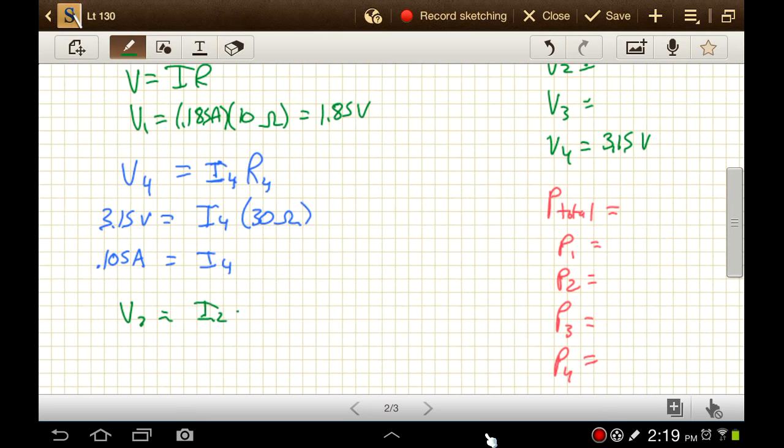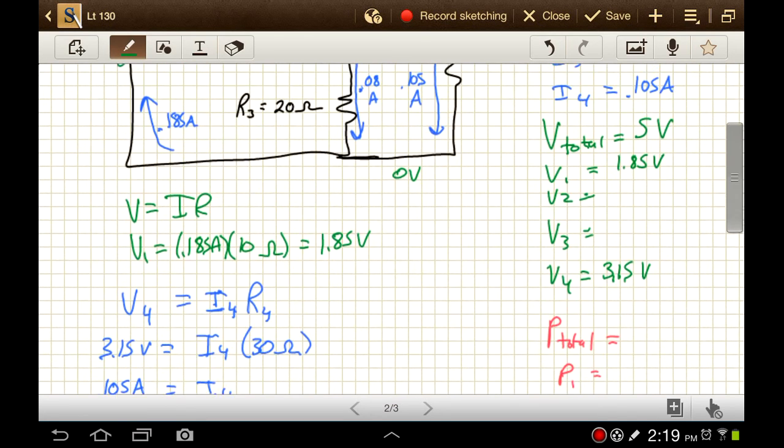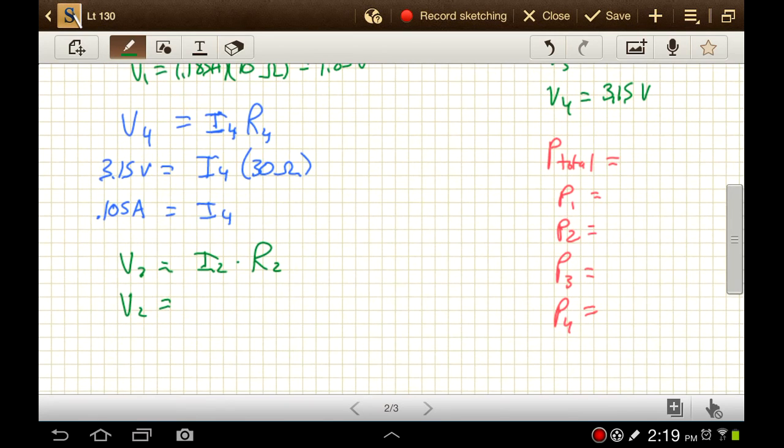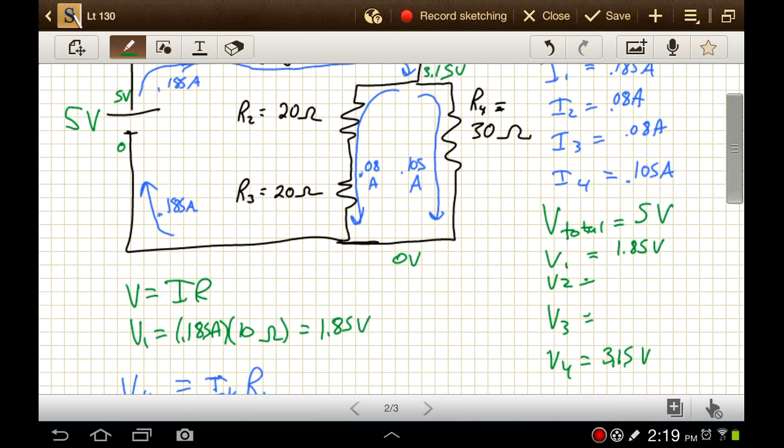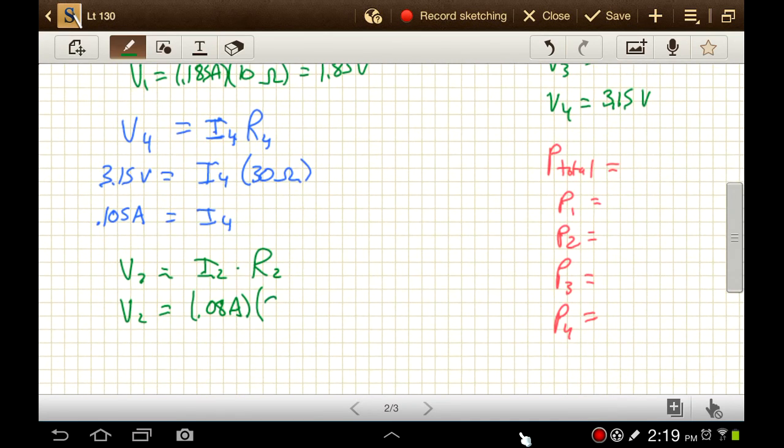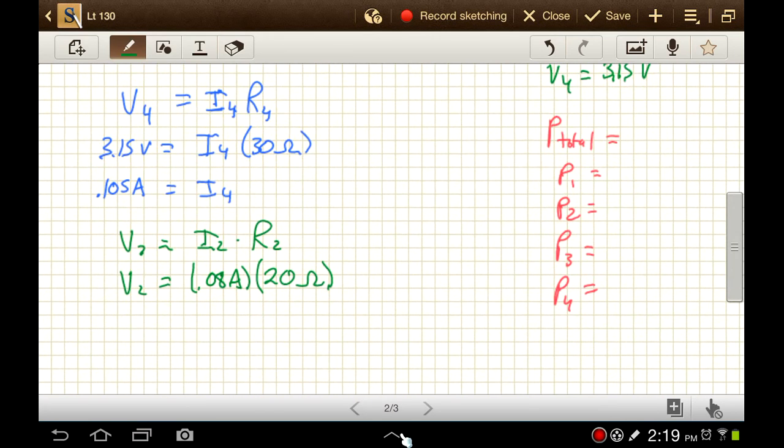So V2 is equal to 0.08 amps for I2, and R2 is 20 ohms. Okay, and so we get V2 is equal to 1.6 volts there.